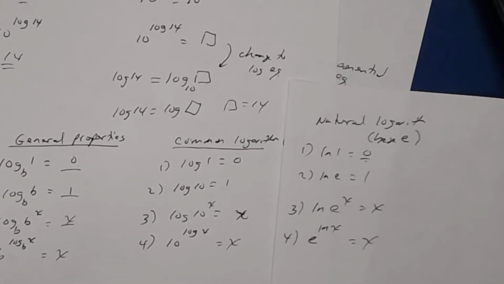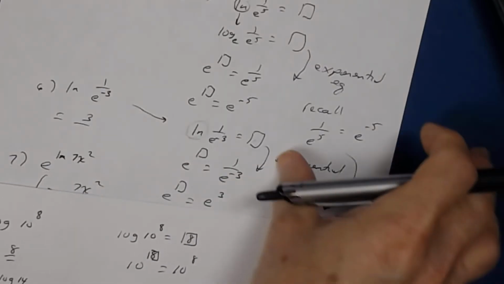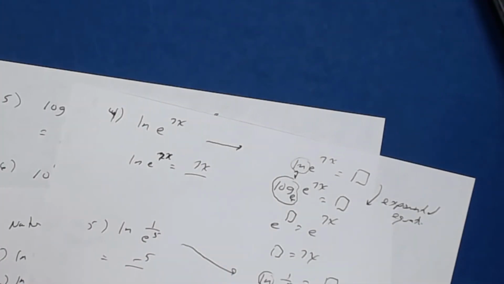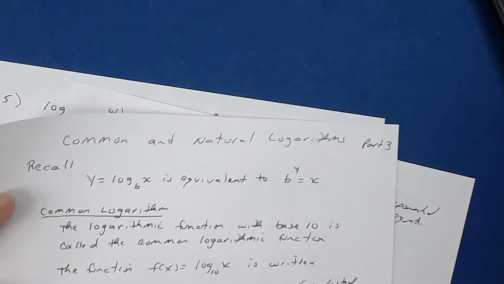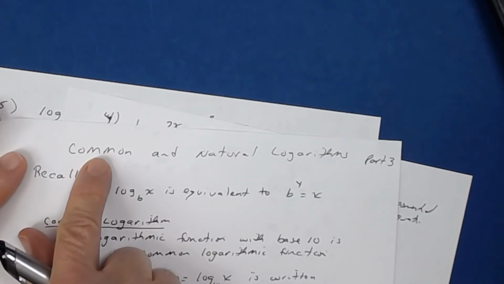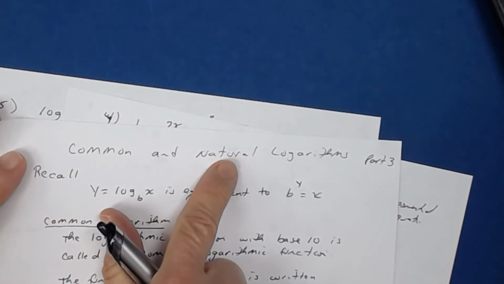This is how you deal with natural logarithms and common logarithms. I just want you to remember that a common logarithm has what base? Base 10. A natural logarithm has what base? Base e.